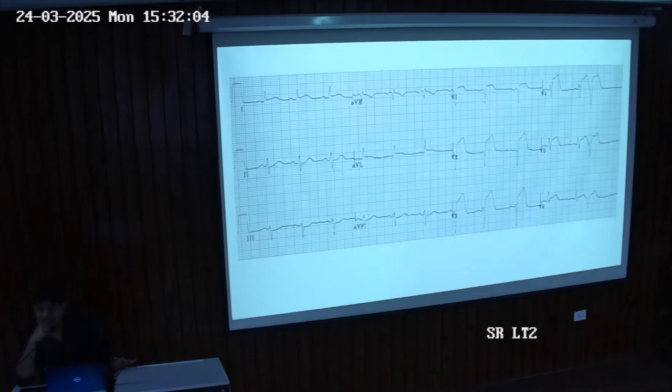When I am talking about the height, we are talking about the vertical amplitude. The amplitude of the ST segment is very high from the horizontal line. The horizontal line is the midline where the tracing starts. See, the first lead tracing starts there. That is the horizontal line, and the ST segment should be at that line.